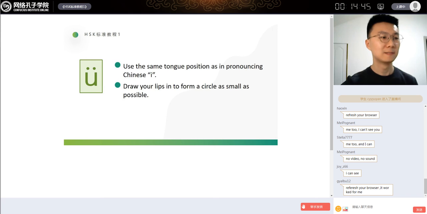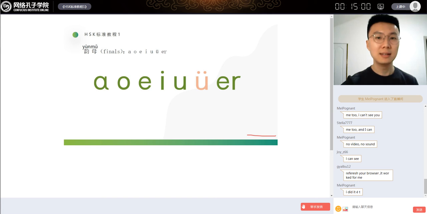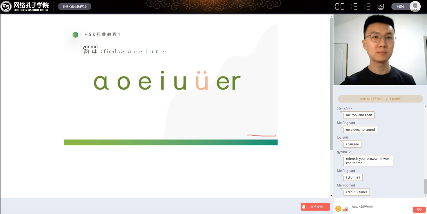Okay. Now let's look at the last one. This pinyin, the two letters form a single sound. Put your tongue and lips in position as when pronouncing e. Then raise the middle part of your tongue slightly. At the same time, roll up the tip of your tongue backward. Take my hands as if it's your tongue, like this.